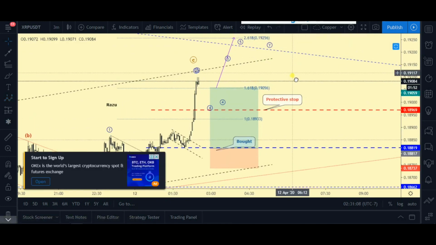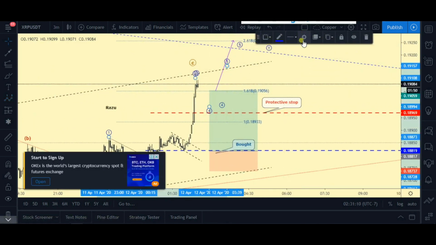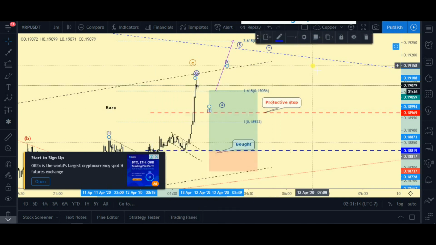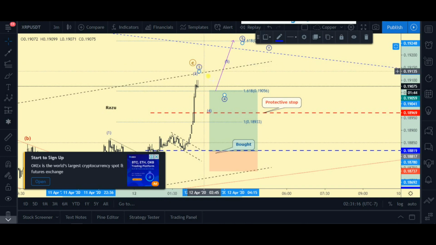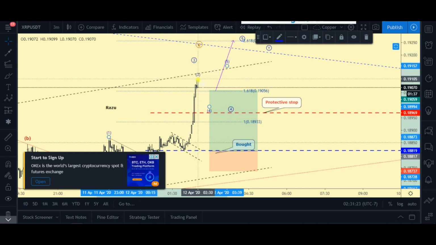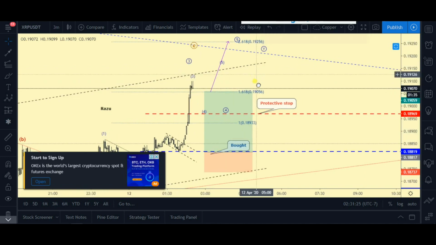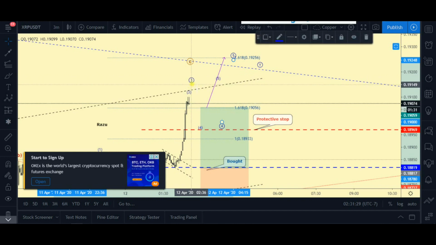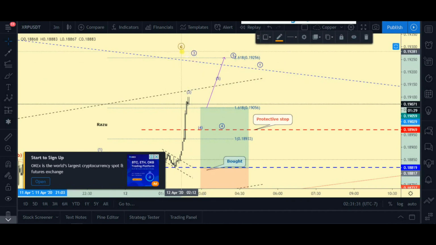So still there is a huge possibility that this could move much higher. This could be the third of third, and the third wave might go and end around this point here.